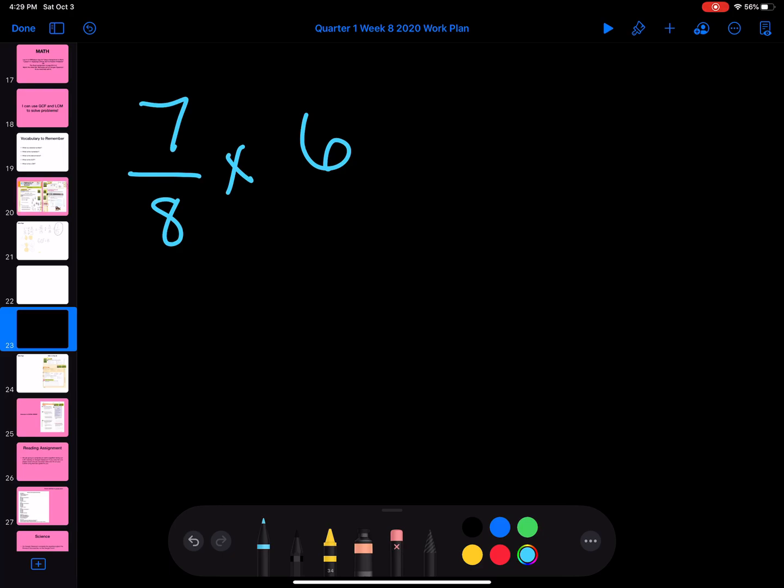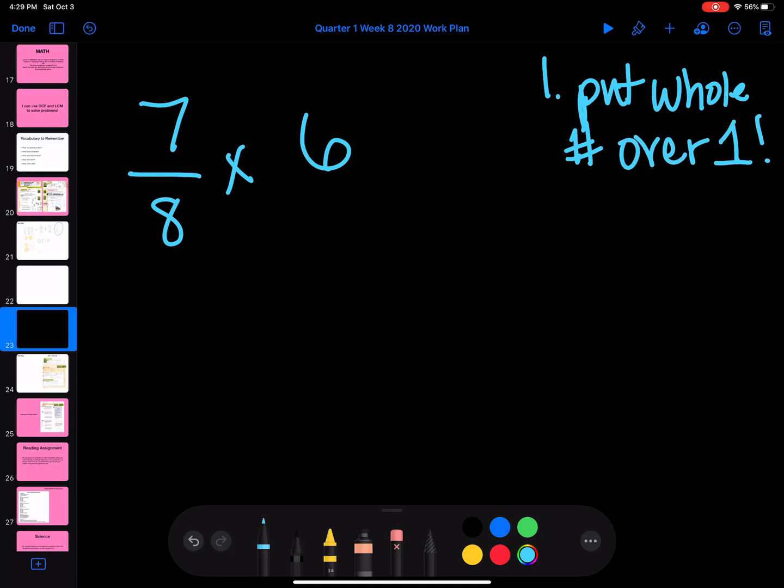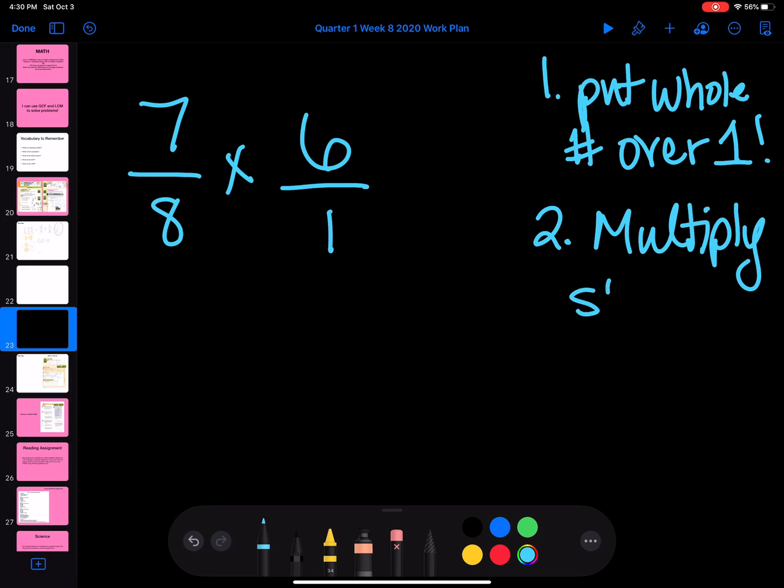My first step, number 1, put the whole number over 1. So I'm going to put that over 1. And then multiply straight across.